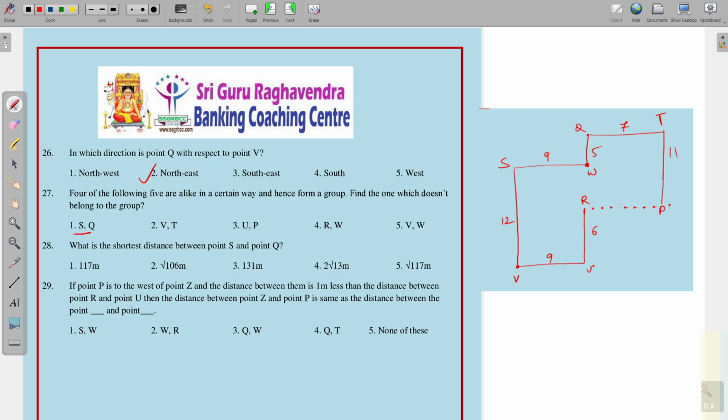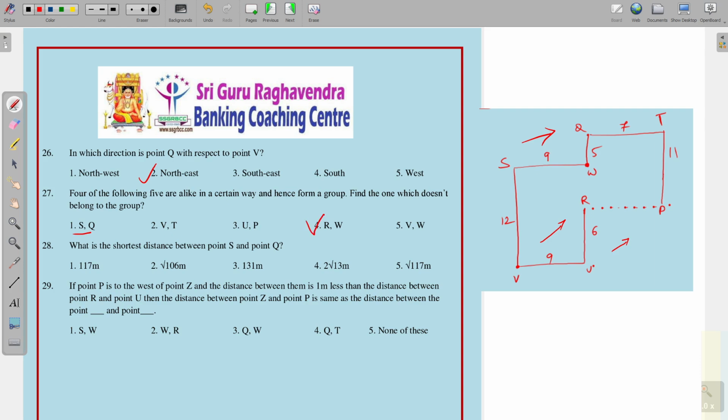S and Q: Q is northeast of S. V and T: also northeast. U and P: also northeast. R and W are both in a straight line, so this one is the odd one out.